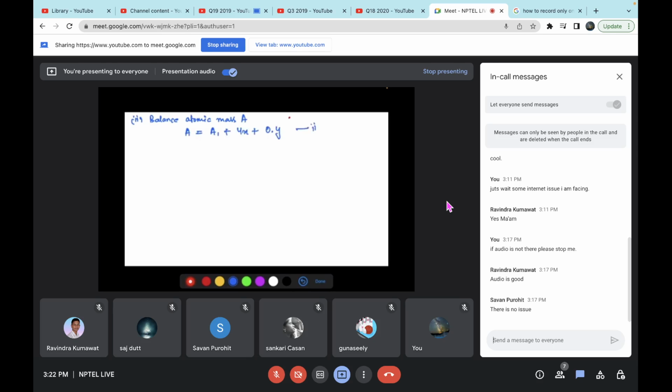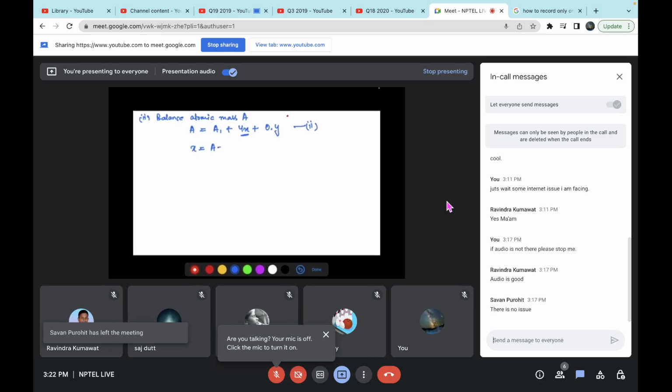So this will be equation number 2, and from here we can directly get the X value. X is equal to (A minus A1) by 4, and this is nothing but the number of alpha particles.